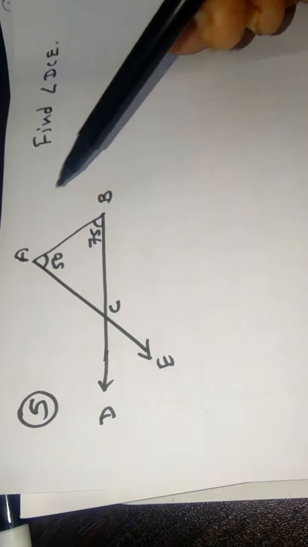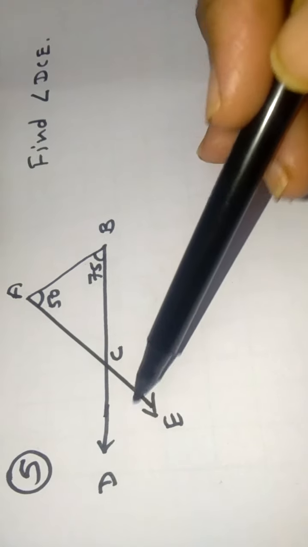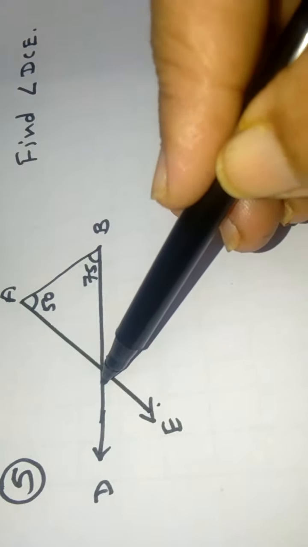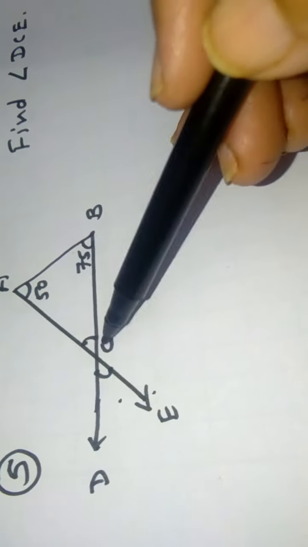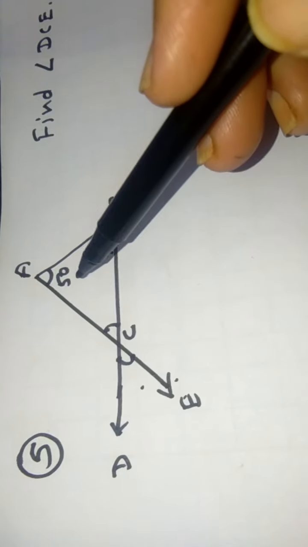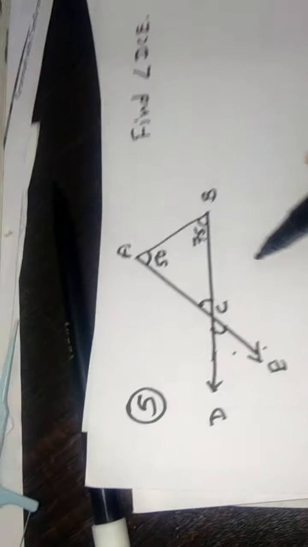Okay. See question number 5. From the figure find the angle DCE. DCE is the opposite angle to measure of angle ACB. If we find the measure of angle ACB, then easily we can find the measure of angle DCE. Now from the figure, see that measure of angle CAB plus ABC plus ACB is equal to 180.